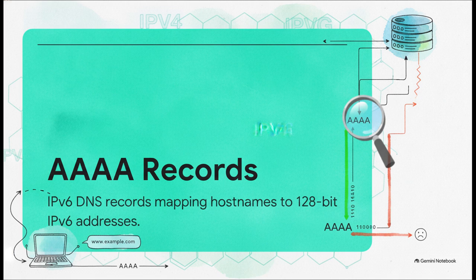If a client tries to reach a dual-stack server, it usually prefers the IPv6 path. But if the quad A record is missing from the DNS response, or if an incorrect record gets served, the connection is going to fail. Or it might silently fall back to IPv4, which is super sneaky because it completely masks the fact that your IPv6 deployment is actually broken. Missing or incorrectly served quad A records are usually the real culprits behind these subtle failures.